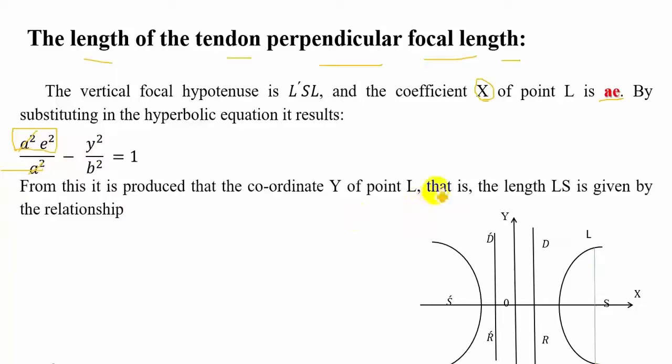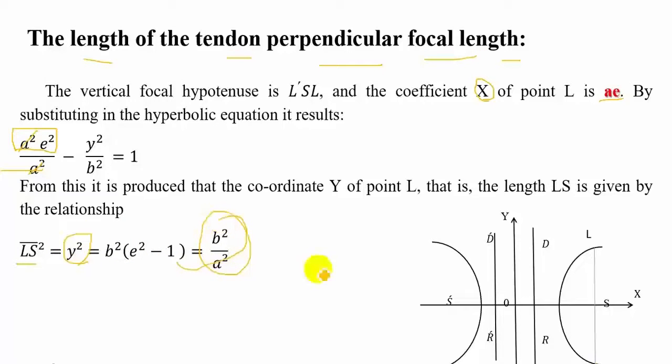So if we look at y, right now it will be like this: b square times e square minus 1, so it will be b square over a square. So LS square, or y squared, will be this one.